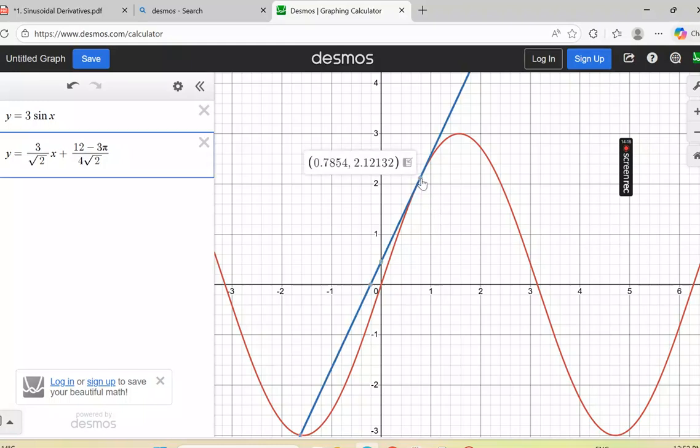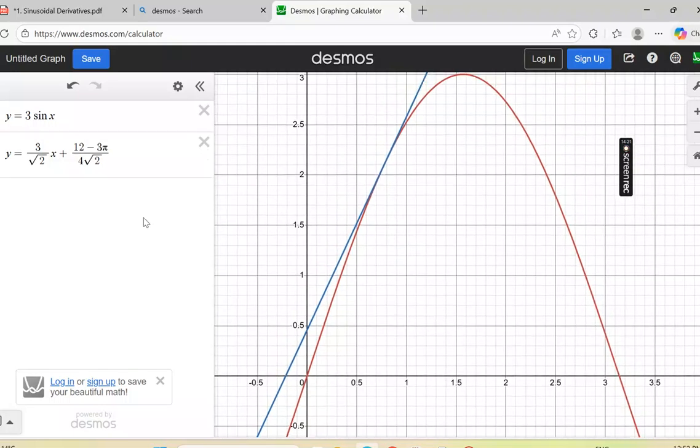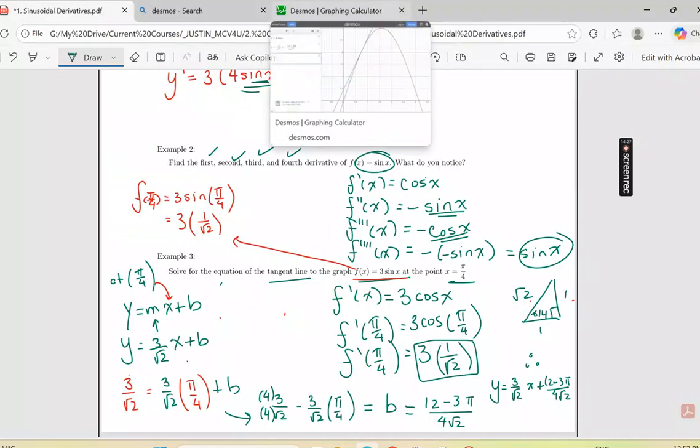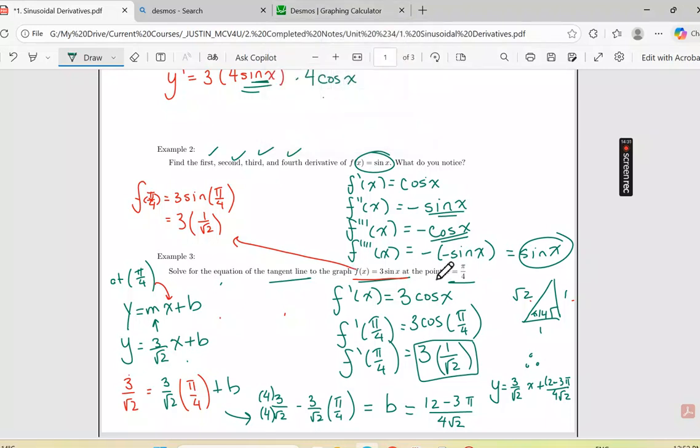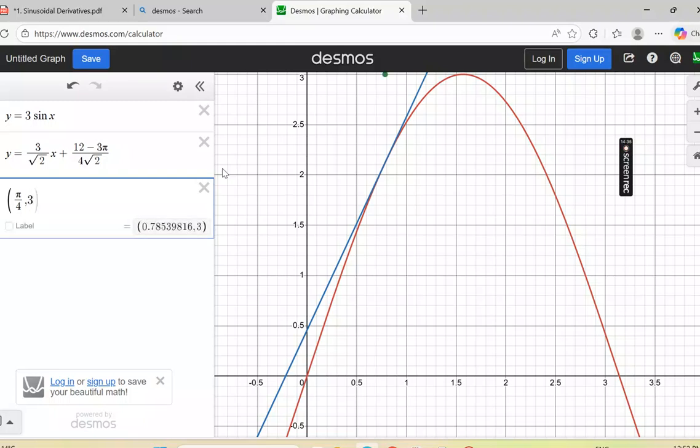Well, you can usually click it, right, and it'll tell you, but it might not tell you exactly what the value of pi over 4 is. So I'm going to type it in. So pi over 4, and we want to know the point pi over 4 and 3 over root 2, right? So there we go.